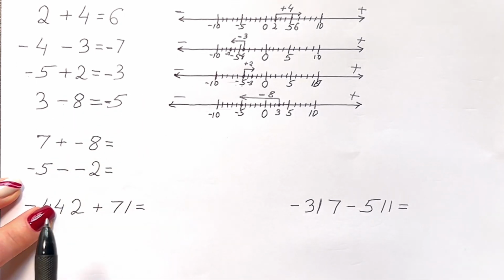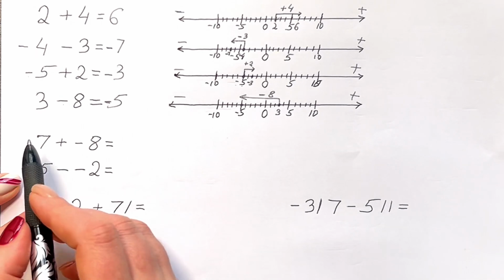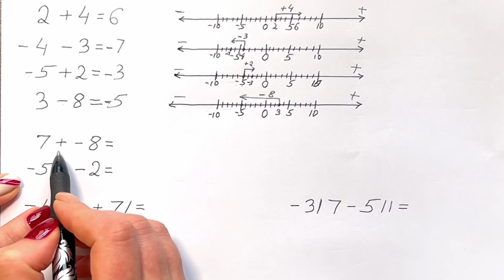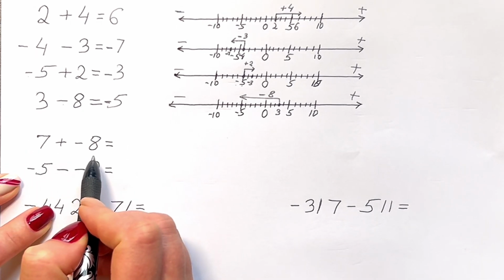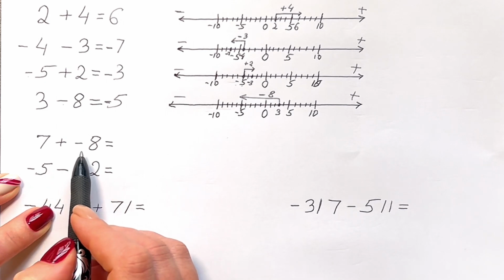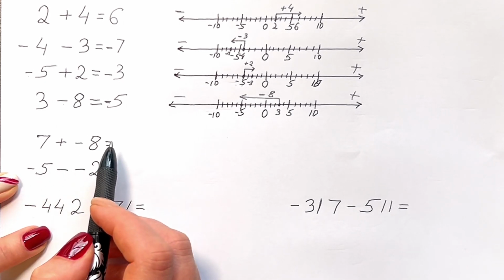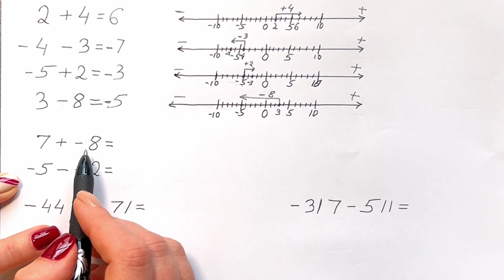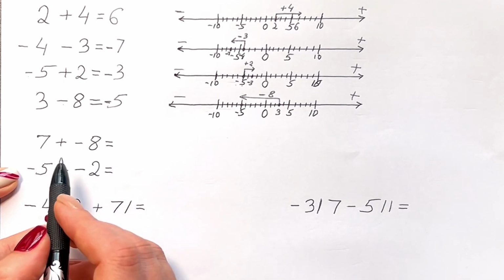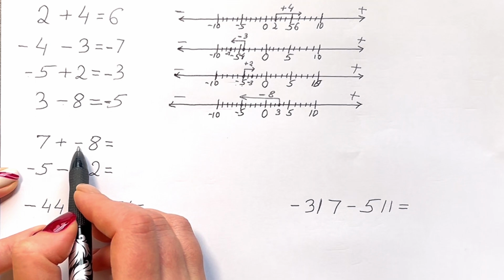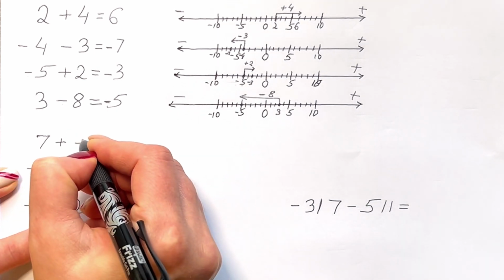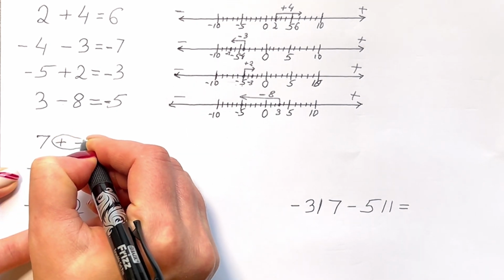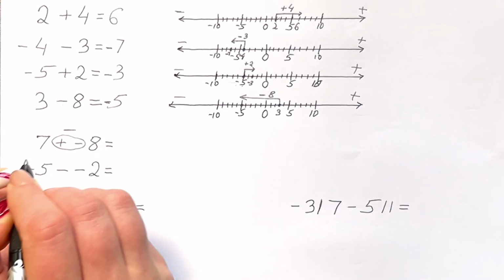Okay, let's look at this example. If I have 7 plus negative 8 or 7 plus minus 8, there are two signs. You remember in a multiplication example, I told you plus minus, I can cancel them out. So plus minus together will be minus.